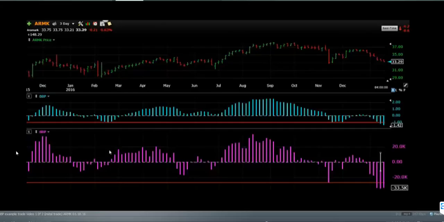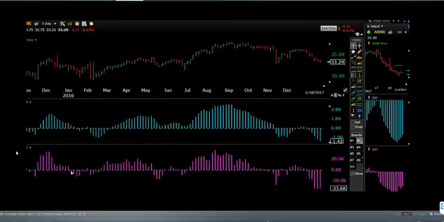Now I'm going to transfer over to a section, and you can't see it, but on the far left is a listing of stocks that I own, so I can keep track of them.